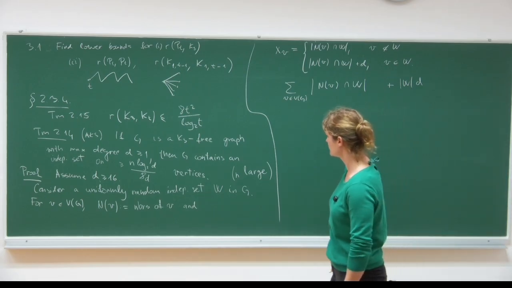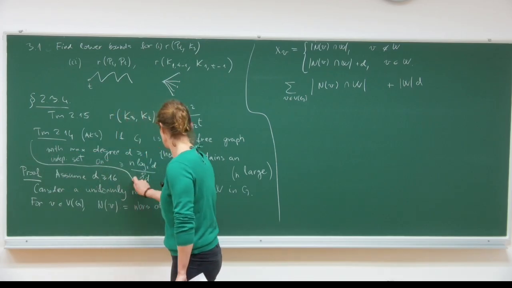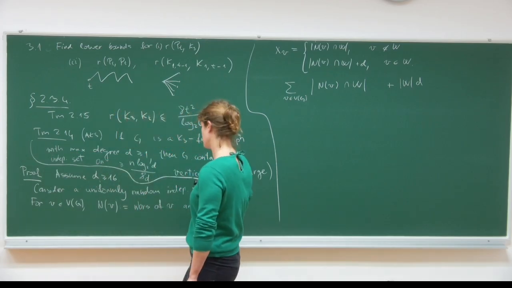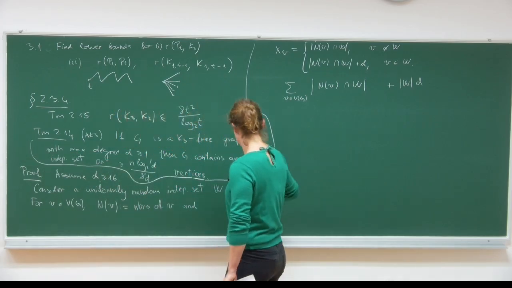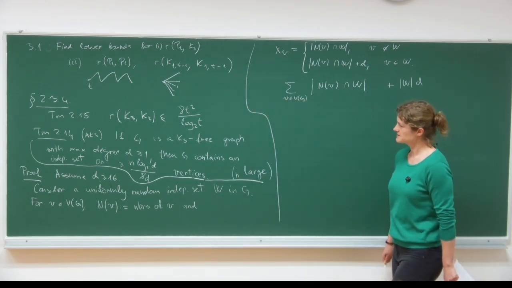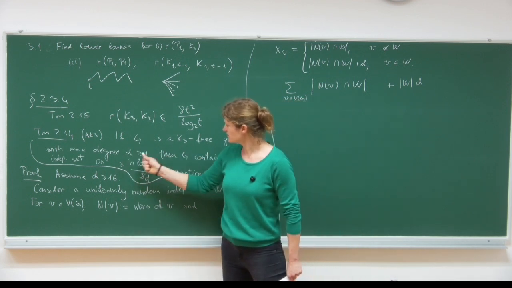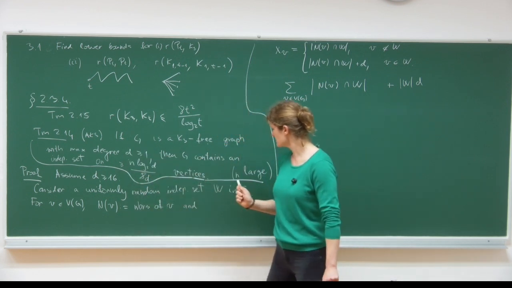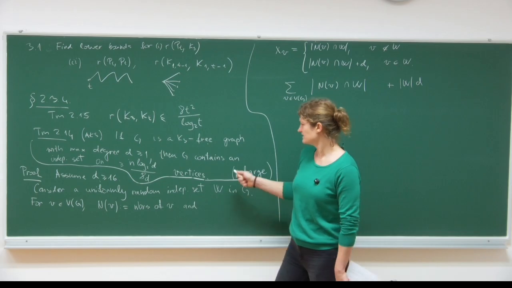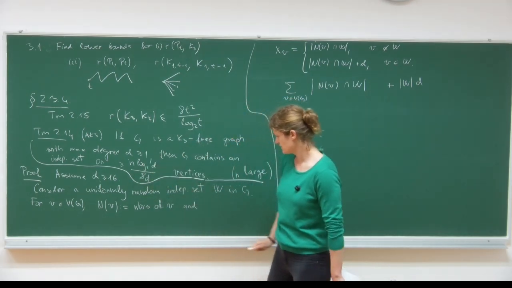So we're basically proving this statement. And the statement is, if we have a triangle-free graph with given max degree, then we can find a large independent set. And the point is that because you're triangle-free, we'll get this extra log improvement.